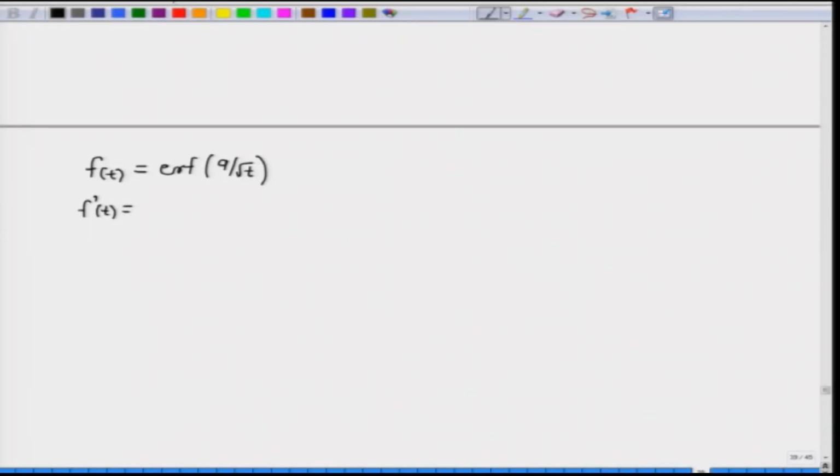So, let us say f of t is equal to error function of a by root t. So, the derivative of f of t will be f prime t equal to d by dt error function of a by root t, and we know d by dx of error function x is equal to 2 over root pi e to power minus x square.